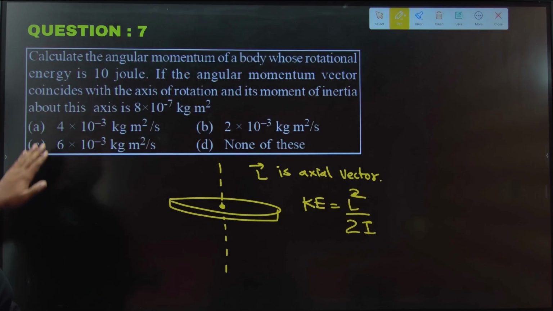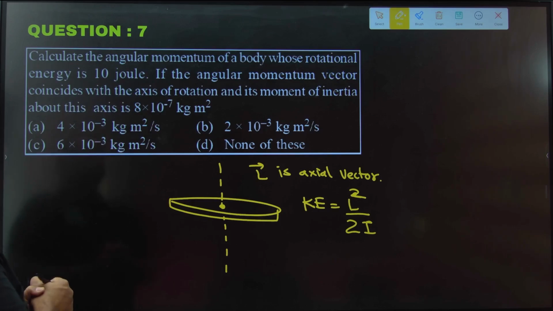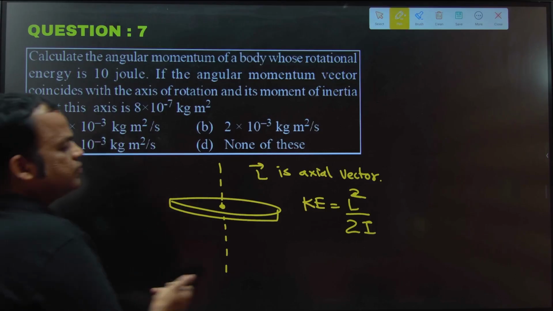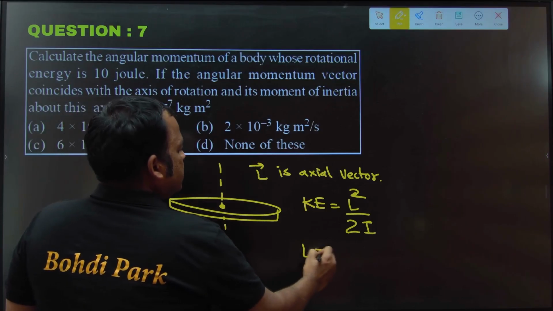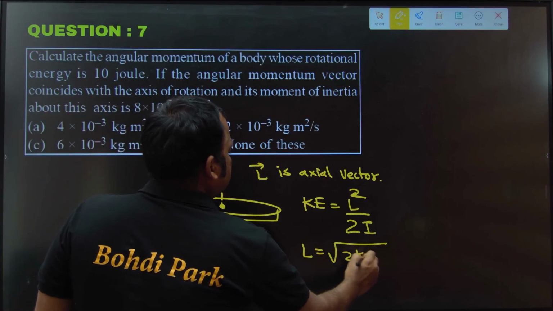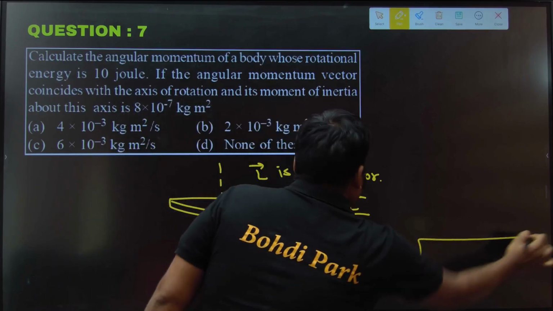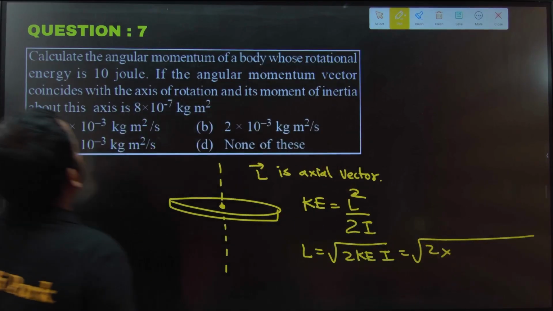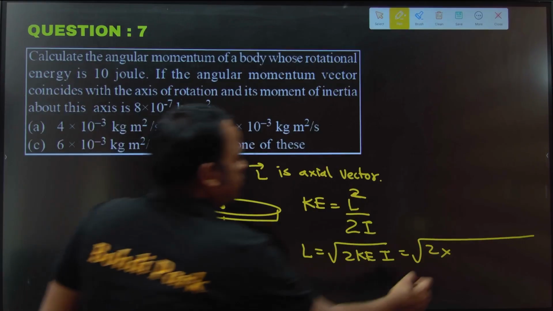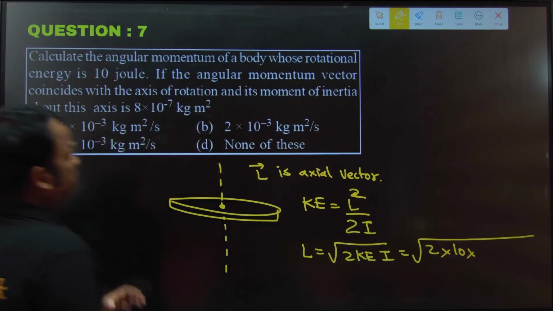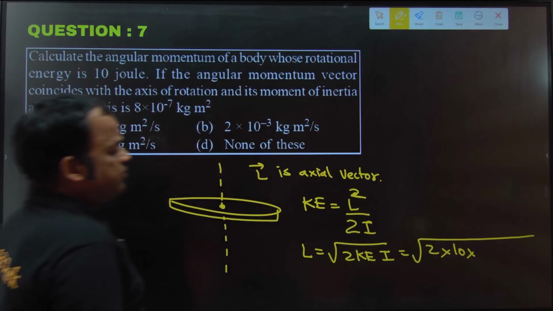Let's use this formula. So we have to find the angular momentum. So L will be equal to square root of 2 into KE into I. So square root of 2 into kinetic energy, which is 10 joule, into moment of inertia 8 into 10 raised to minus 7.